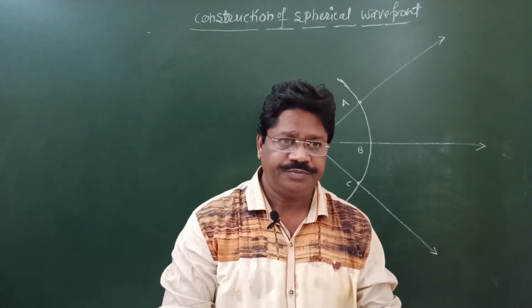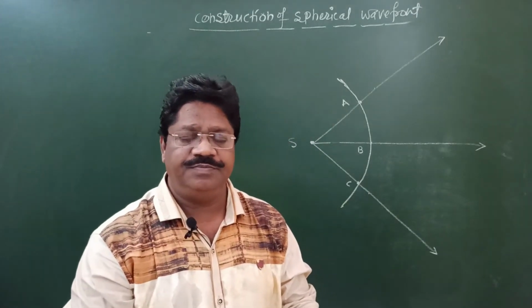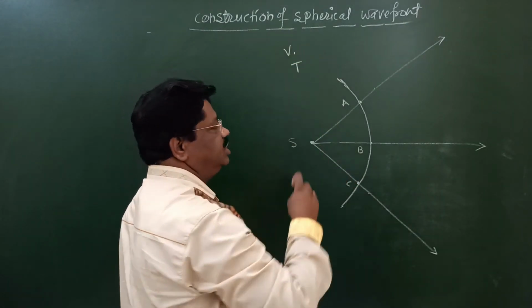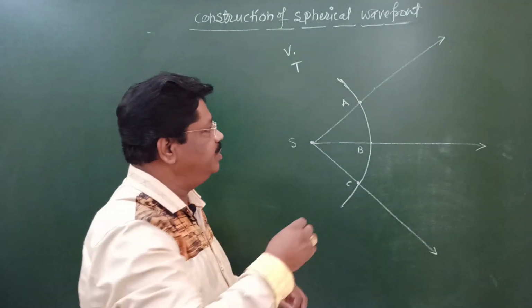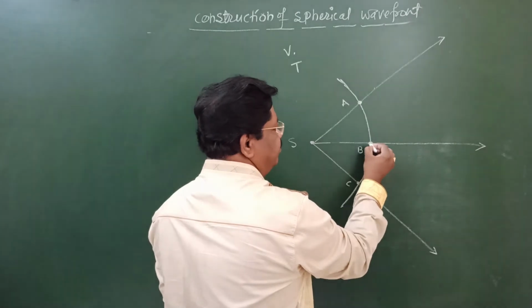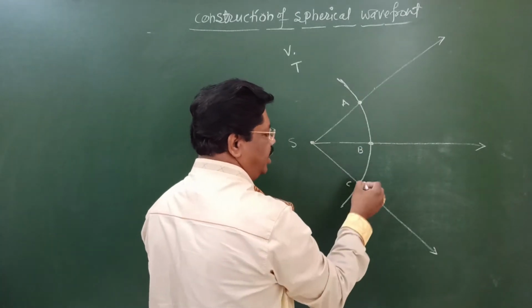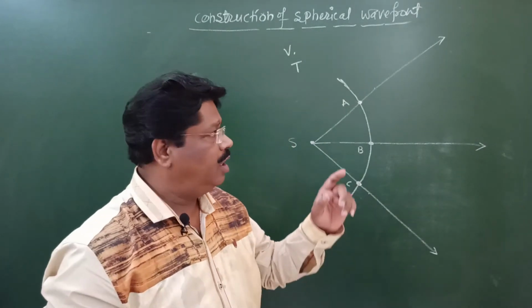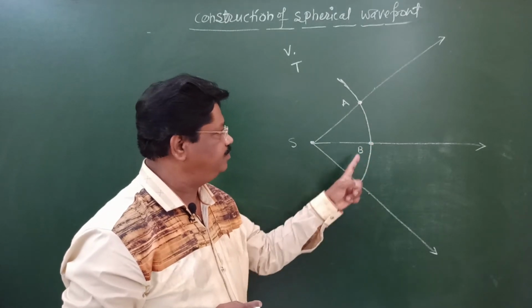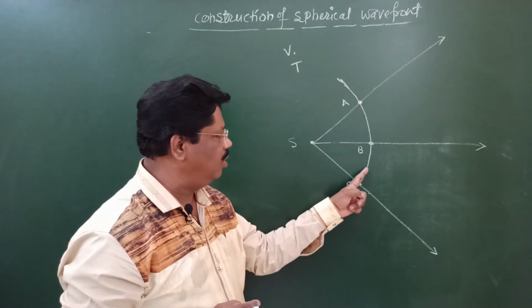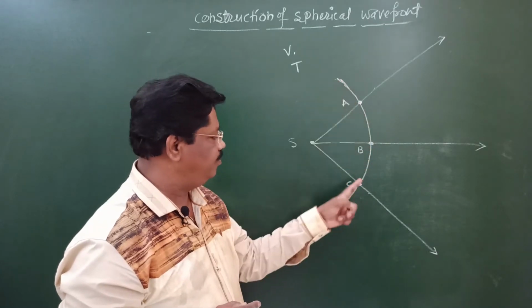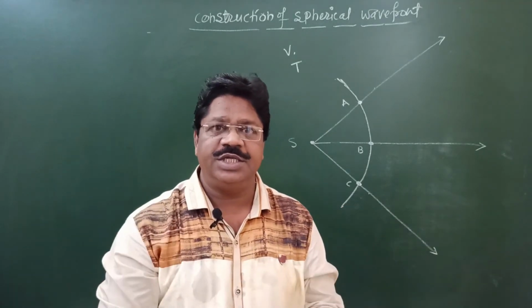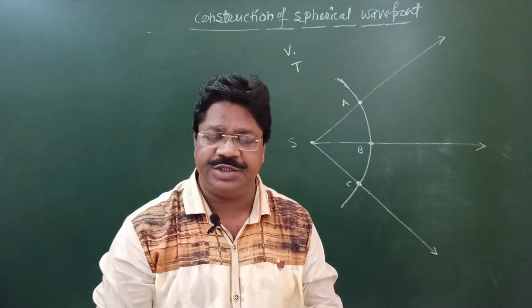Then consider these waves are traveling in a forward direction. Suppose in time capital T, as V is the velocity of these light waves, all these waves travel in this given direction from point A, point B and point C. According to the Huygens principle, every point on the wavefront, point A, point B, point C, all these points on this wavefront act as secondary sources of light and they emit secondary waves in the forward directions.